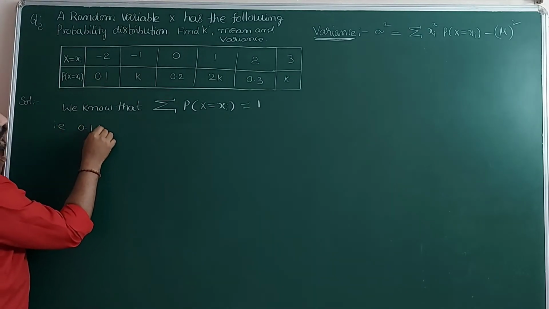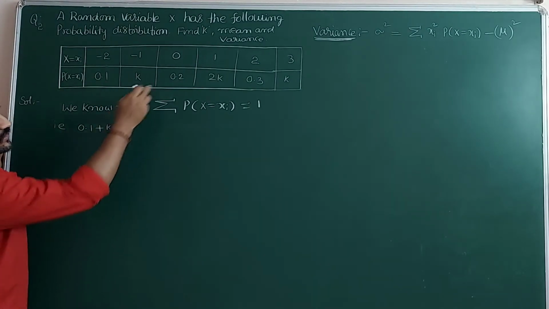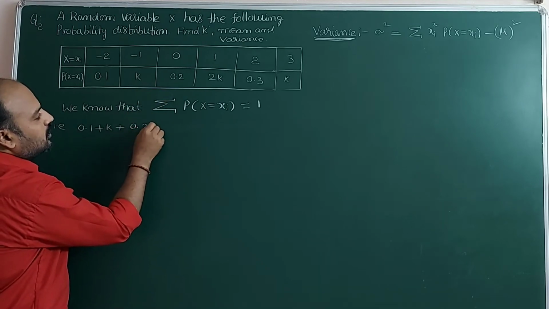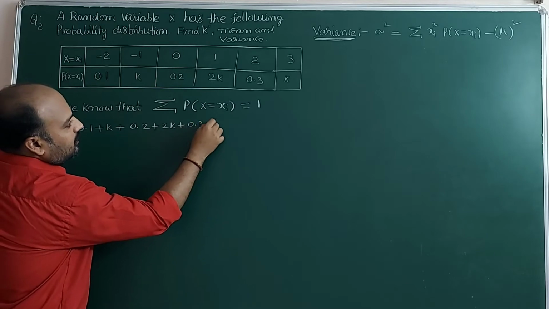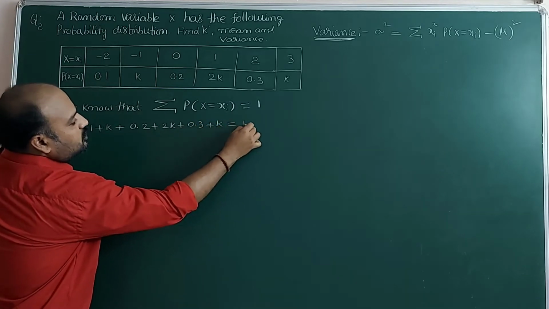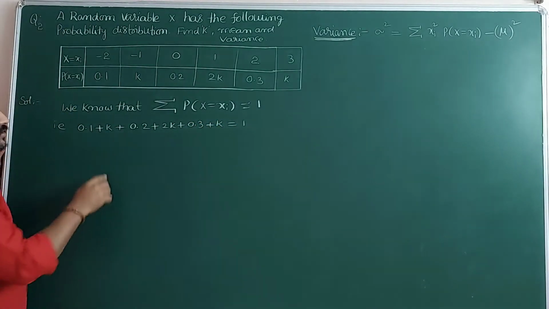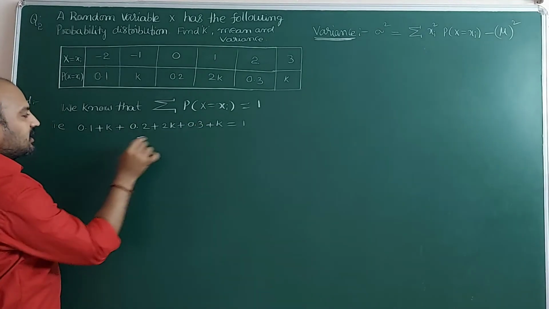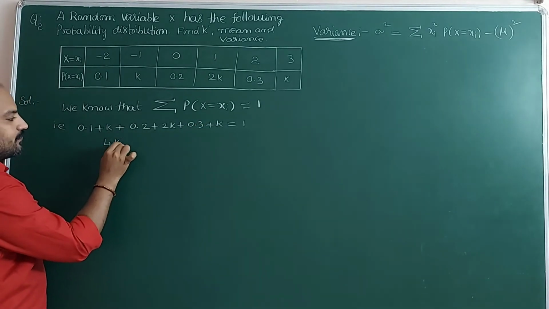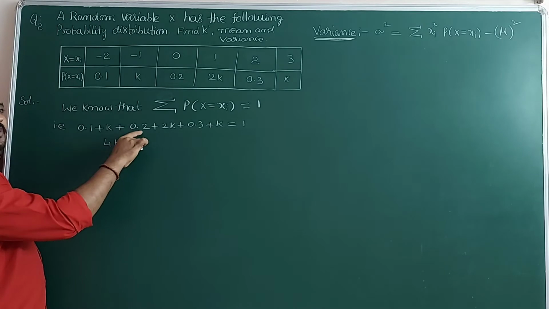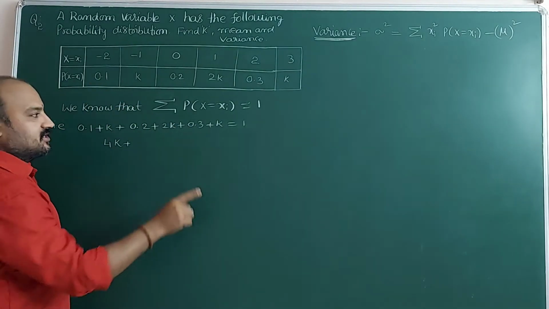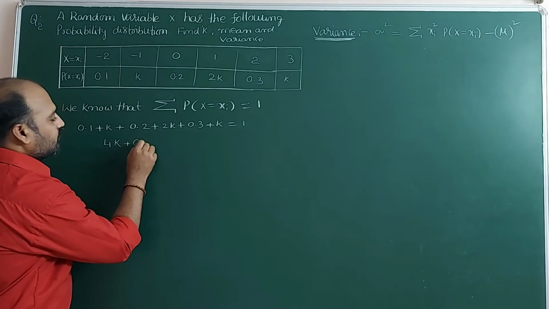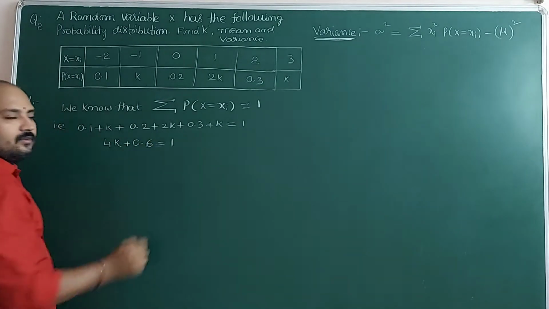0.1 plus k plus 0.2 plus 2k plus 0.3 plus k is equal to 1. So k plus 2k plus k is 4k. 0.1 plus 0.2 plus 0.3 is 0.6, which is equal to 1.